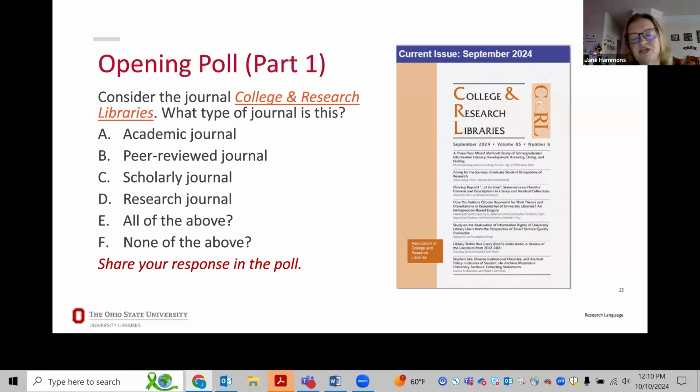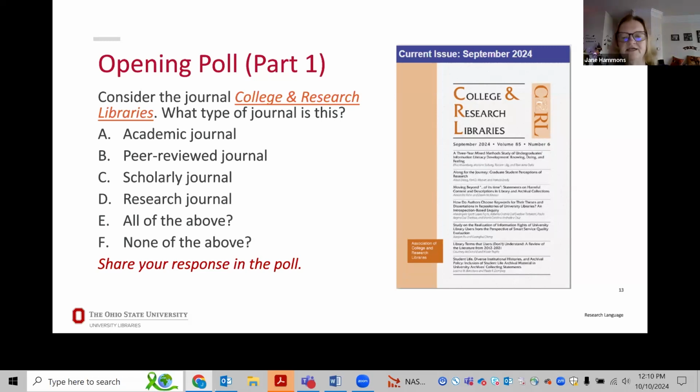And again, if you've already finished and you want to, feel free to share in the chat why you made the decision that you did or what you looked for to make your answer. I'd love to hear any of the thought process that folks had in mind, but we'll give it just a few more seconds to let folks share their responses here. And then I'll share those results. I'm going to go ahead and end the poll in 5, 4, 3, 2, 1. End poll and share the results.